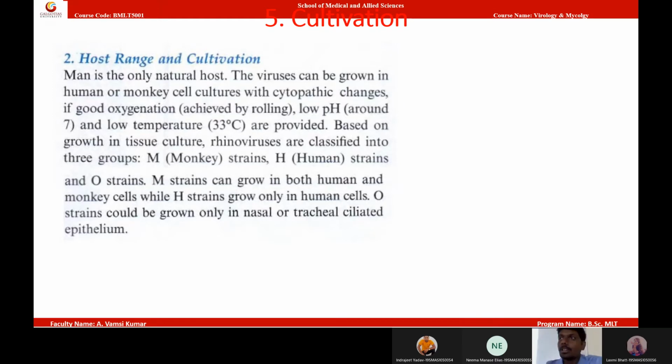Only that is enough. Keep an arrow like this.